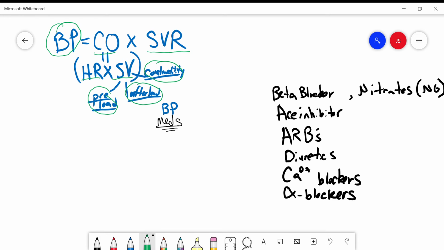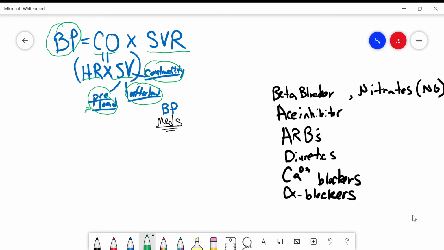You can think of the preload as the force exerted on the right ventricle from venous return. The superior and inferior vena cava feed into the right atrium, and then the blood is pumped into the right ventricle. That pressure volume there, you can consider the preload.